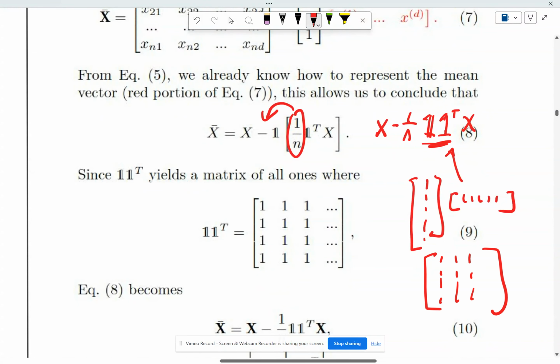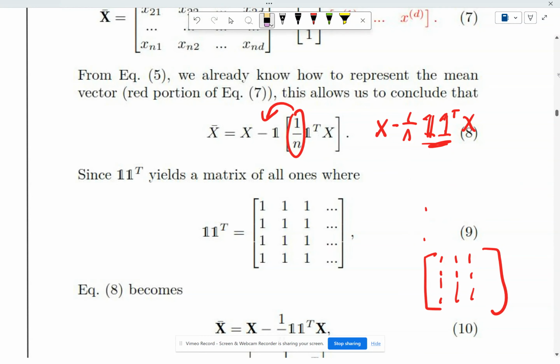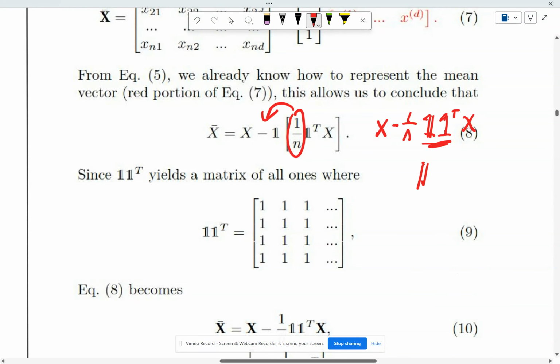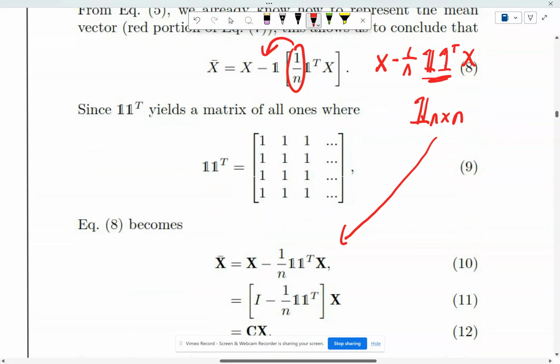Like that. And we can represent this a different way. So we can represent this, right, as a vector of 1s, but we can also do this. So this is now n by n matrix. So we can rewrite this way.